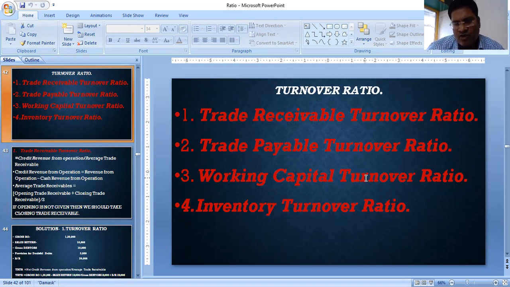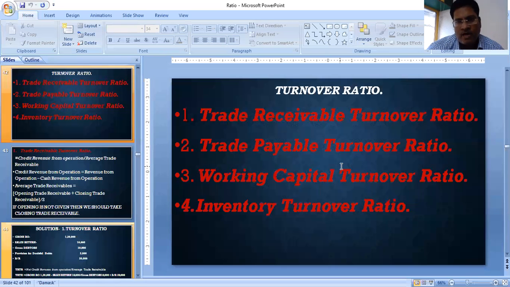For working capital turnover ratio, it is revenue from operation by working capital. And for inventory turnover ratio, it is cost of revenue from operation by average inventory.